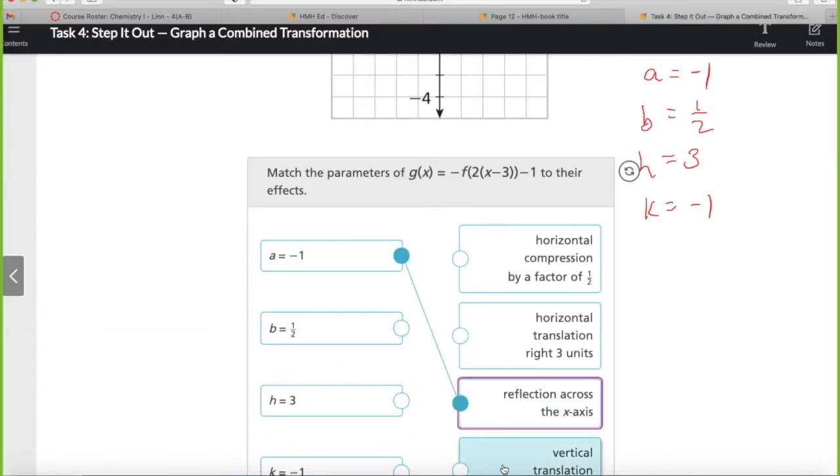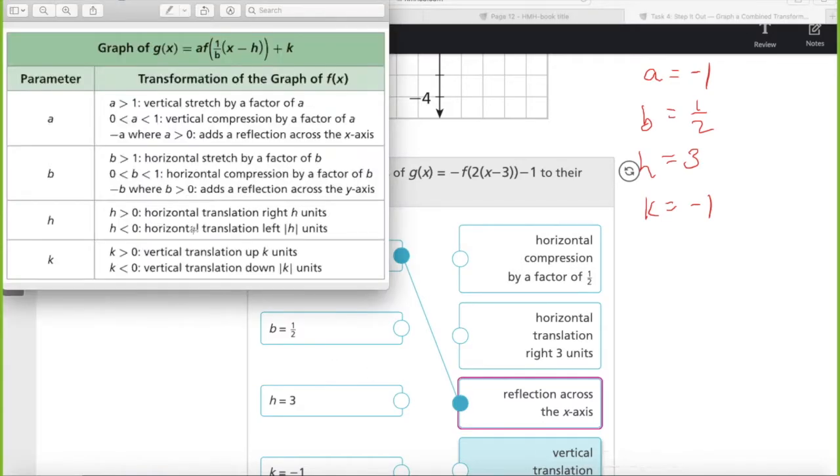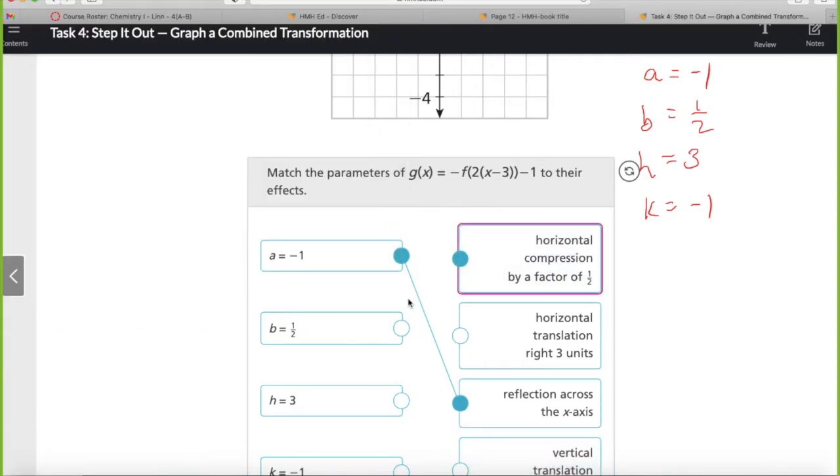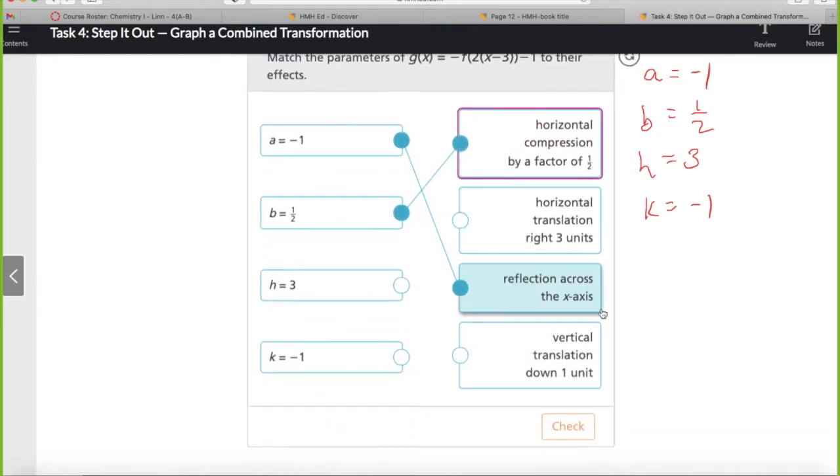And I can either just know that off the top of my head, or I look at -a, where a is greater than 0, adds a reflection across the x-axis. B is 1/2. B is in between 0 and 1, horizontal compression by a factor of b. So this is going to be a horizontal compression by a factor of 1/2.